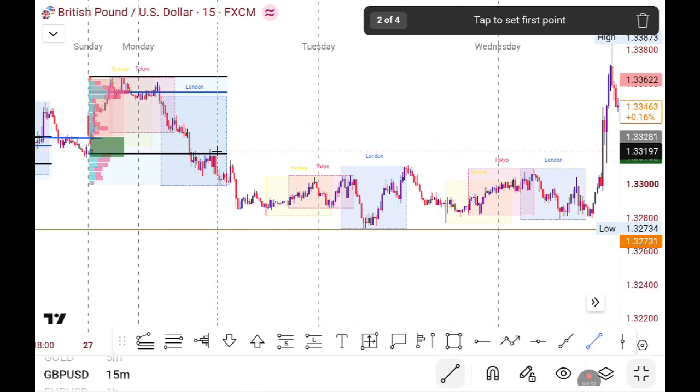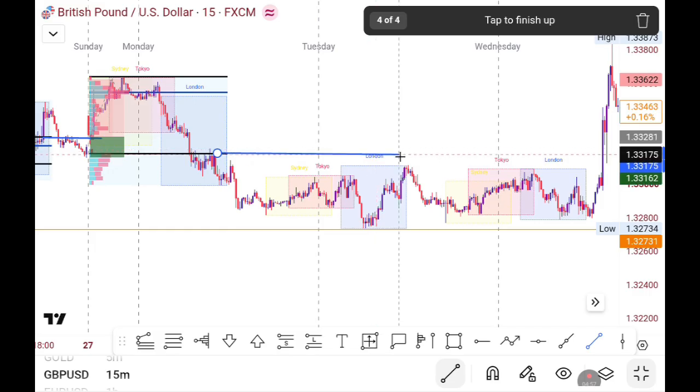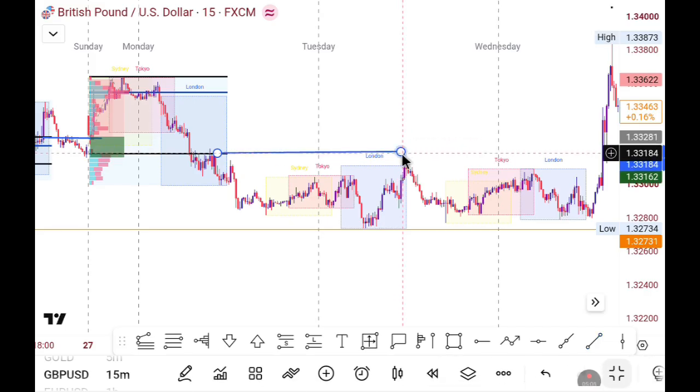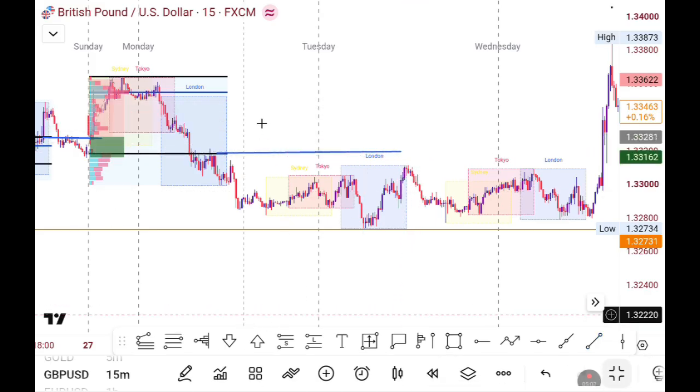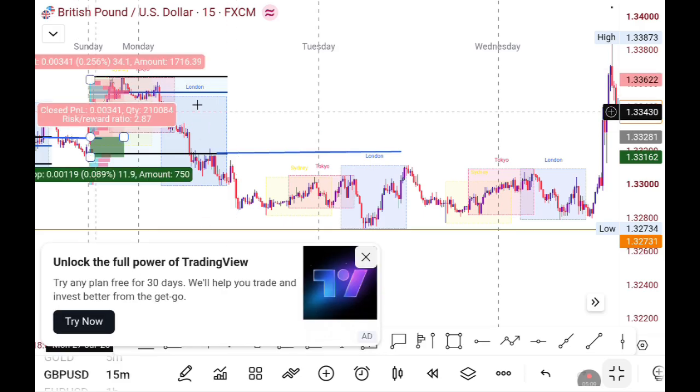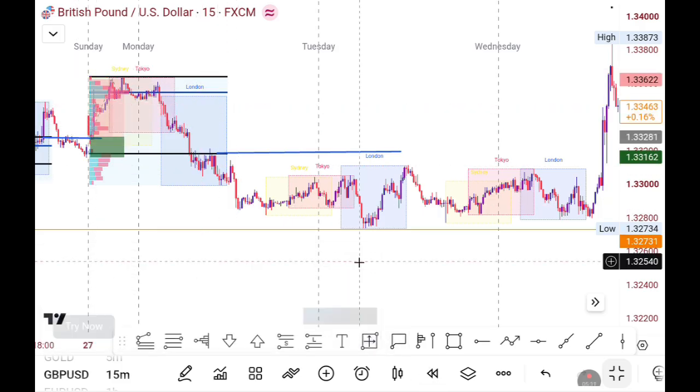Now I'm going to use this support line because the market was near it. As you can see, Monday gave us our support and resistance, but it never gave us our entry.